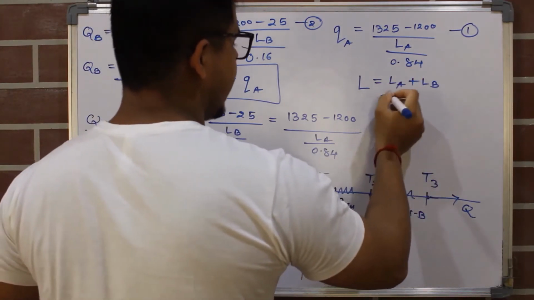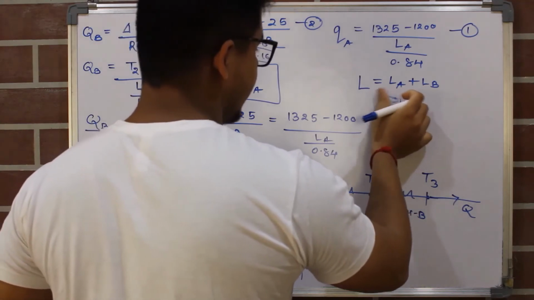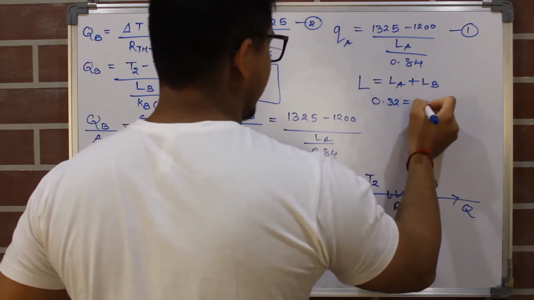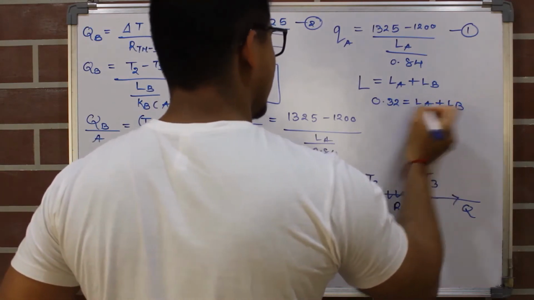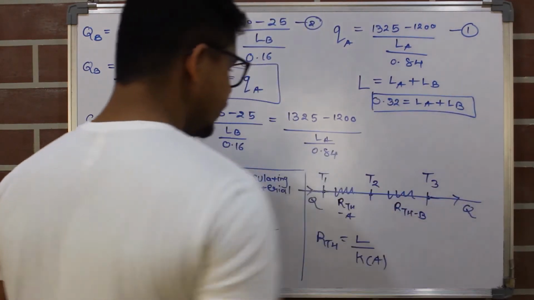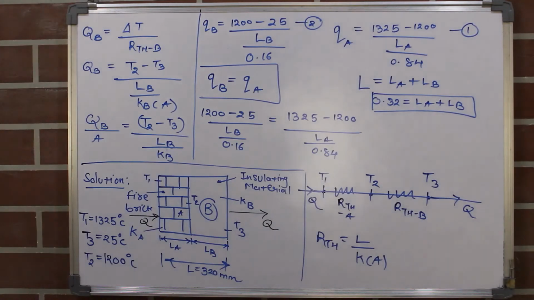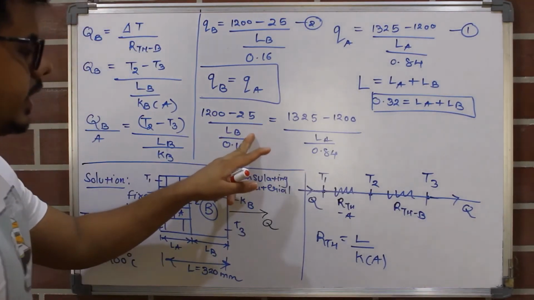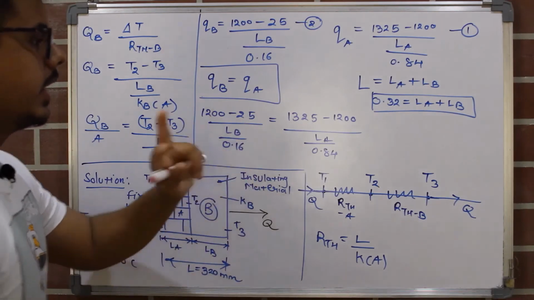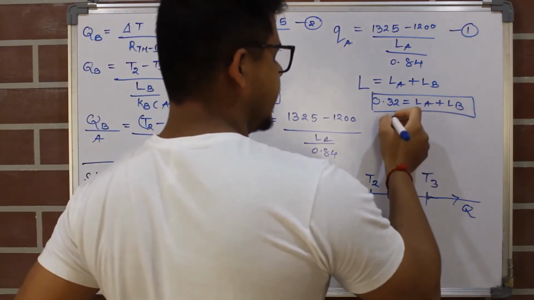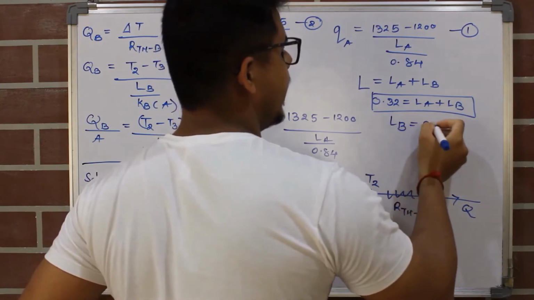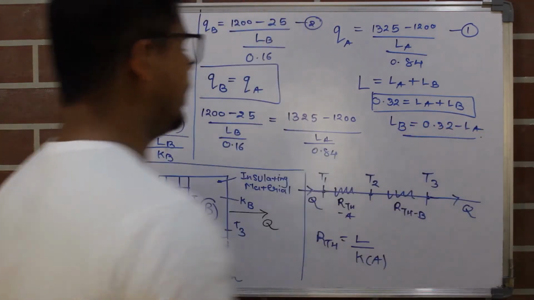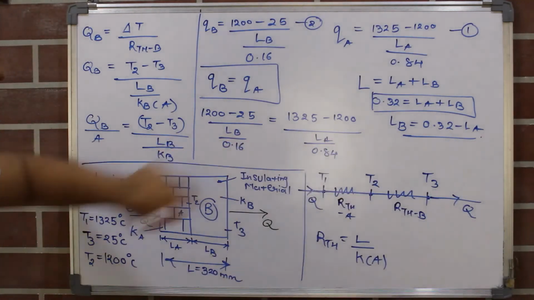So 320 mm, and we have to convert it into meters, that is 0.32 meter, is equal to LA plus LB. We have this also. So we will eliminate LB by this, that is LB is equal to 0.32 minus LA.